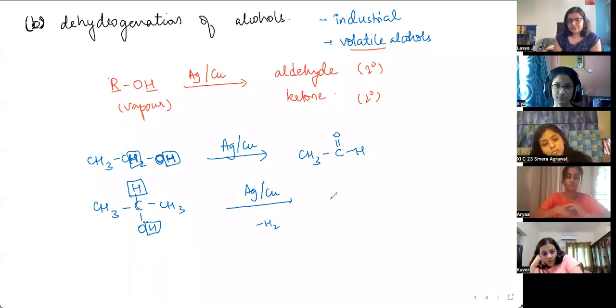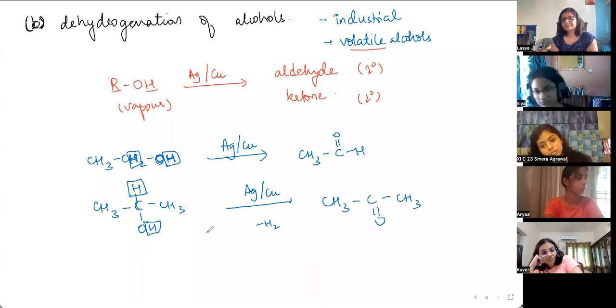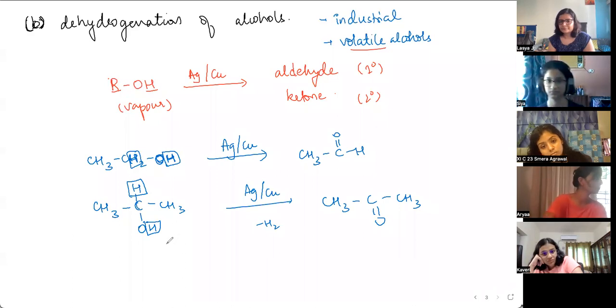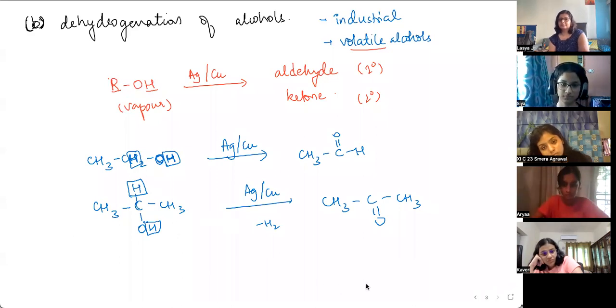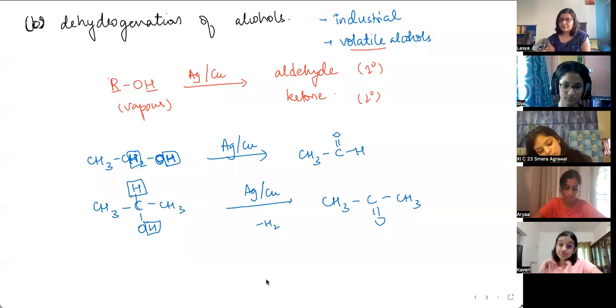You lose the hydrogen and you end up getting a ketone, C double bond O, CH3. So dehydrogenation of alcohols is another method.